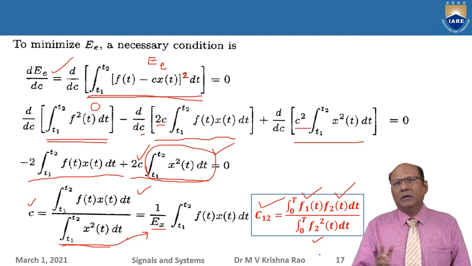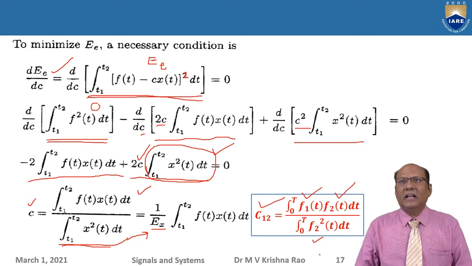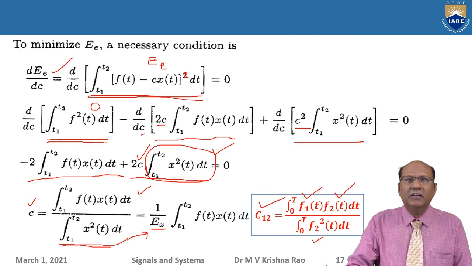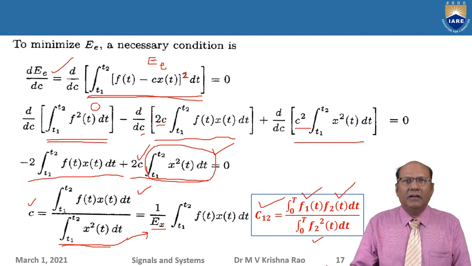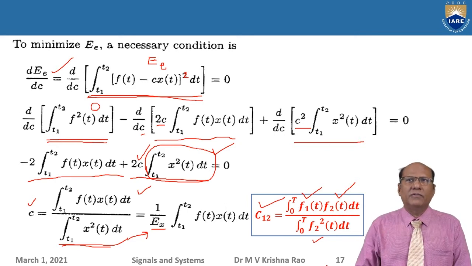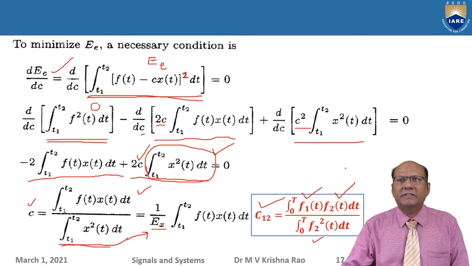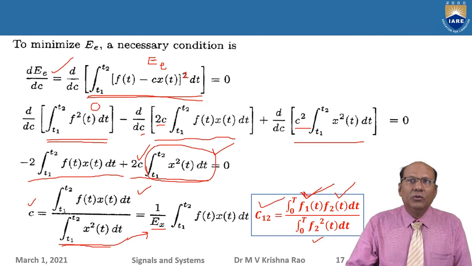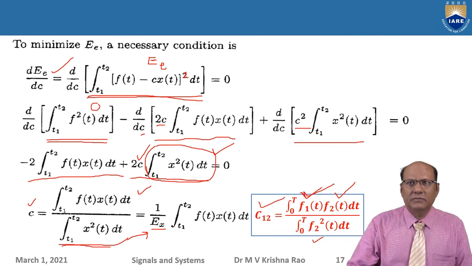I have generalized this equation with respect to any number of functions, not only f and x, but in terms of f1, f2, f3, f4, any number of functions. So in this new expression, f1 of t is the function or signal which I want to approximate, and in terms of f2 I am approximating.